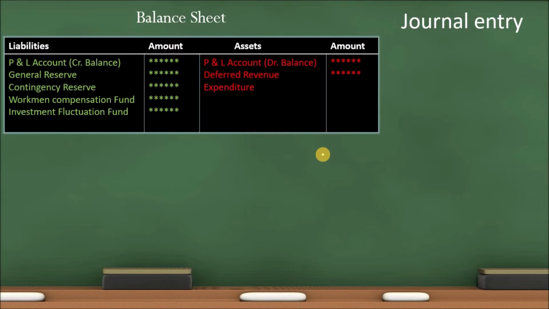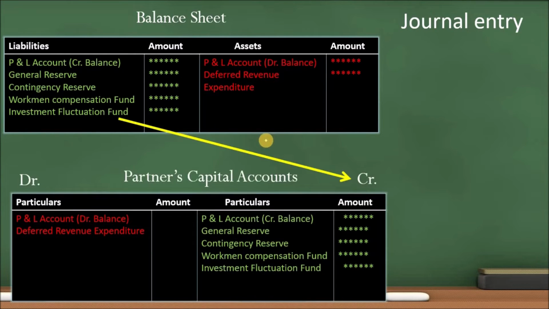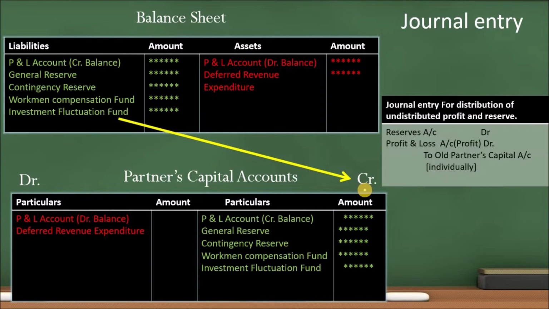Now let us see the journal entry which is passed for distribution of these accumulated profits and losses. I told you accumulated profits are credited to old partners' capital accounts. If I am distributing reserve and P&L account, the journal entry will be: Reserve account debit, Profit and loss account debit, to old partners' capital accounts.